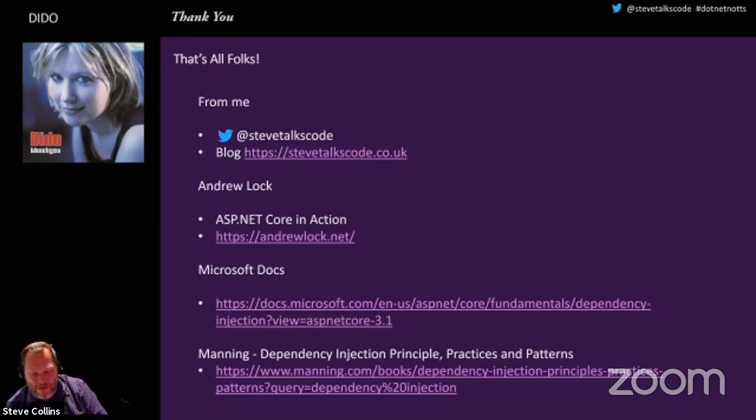Lastly, if you want a much broader overview of dependency injection, Mark Seemann's book, Dependency Injection: Principles, Practices, and Patterns on Manning is a really good read. It starts off with the fundamentals of dependency injection, regardless of which container you're using. And then it goes through all the common containers. So Unity, Ninject, the Microsoft one, Autofac, and I think there's another one by his co-author.